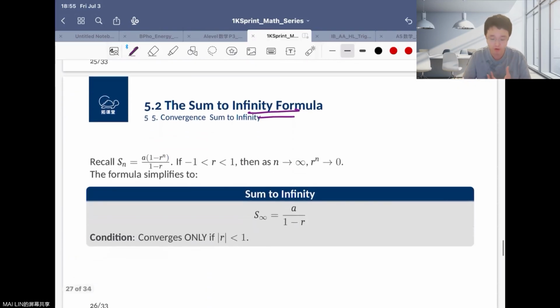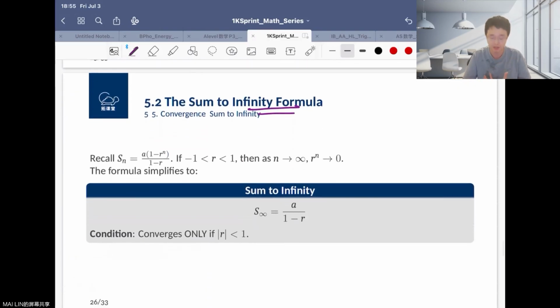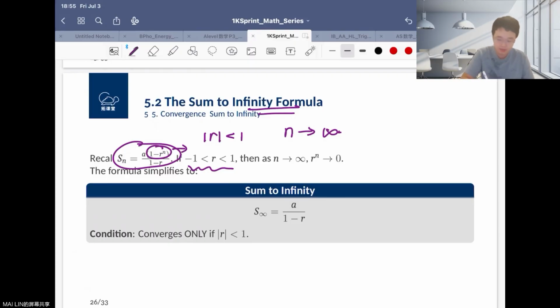So here we have the sum to infinity formula. We already said the sum of the first n terms is Sn = a(1 - r^n)/(1 - r). If r is smaller than 1 and bigger than -1, that is, the modulus of r is smaller than 1, then when n approaches infinity, 1 - r^n approximately equals 1.